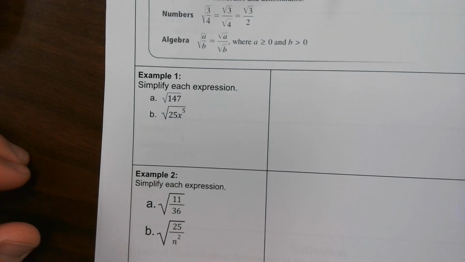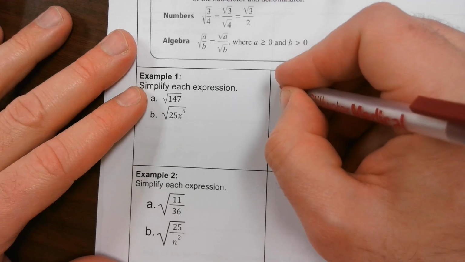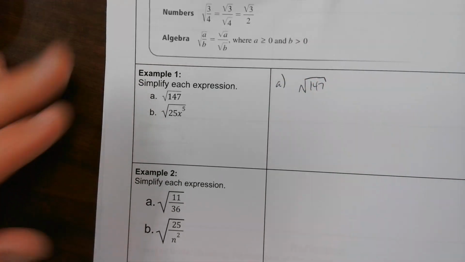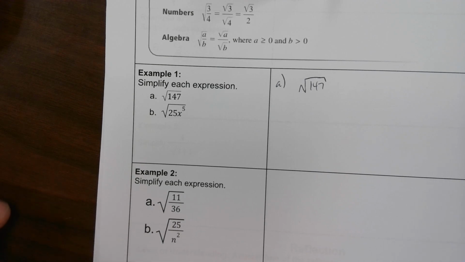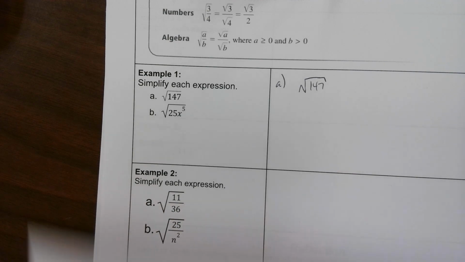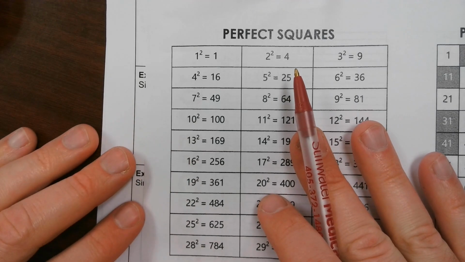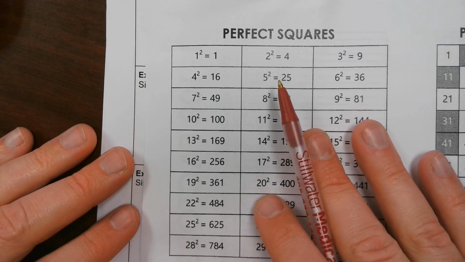Example number one says simplify each expression. We have part A, the square root of 147. Whenever I have that, I'm going to use my list of perfect squares and perfect cubes, which you will need as well. Obviously you could find these out, but having this reference handy is good for you.